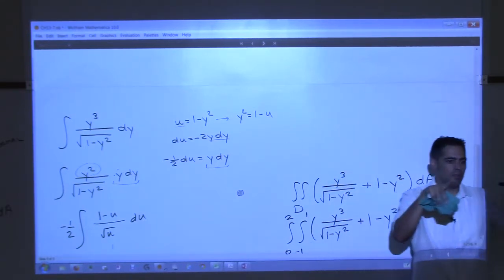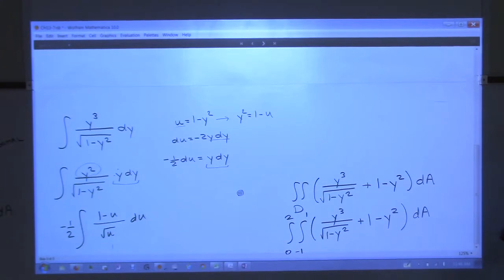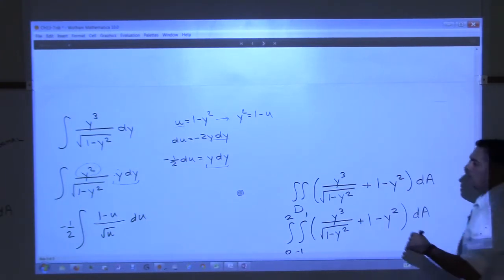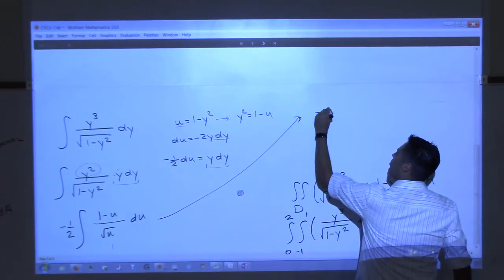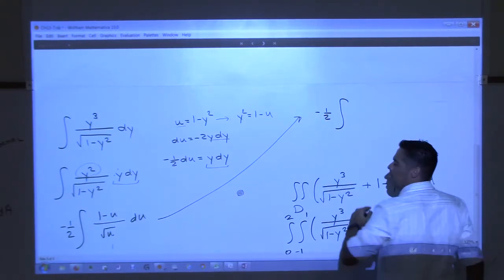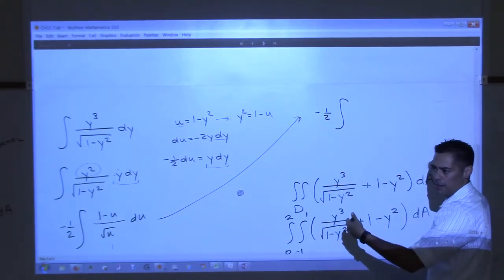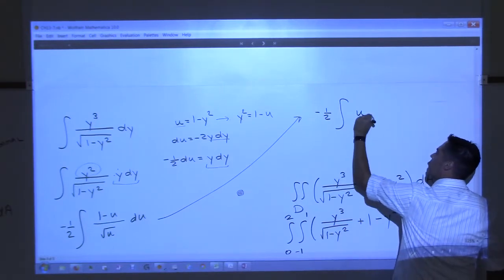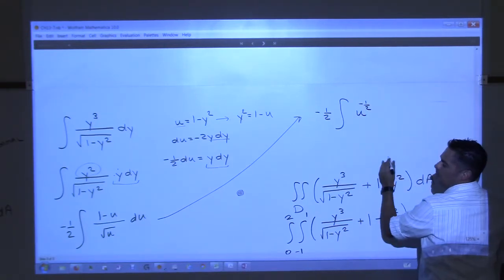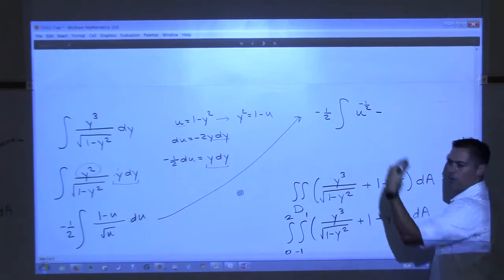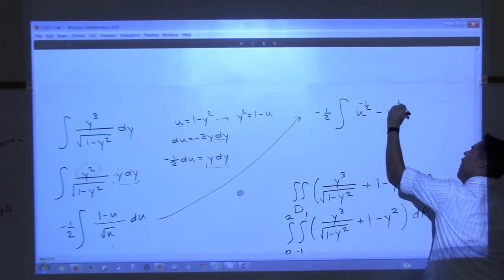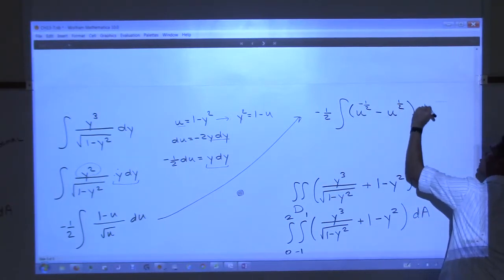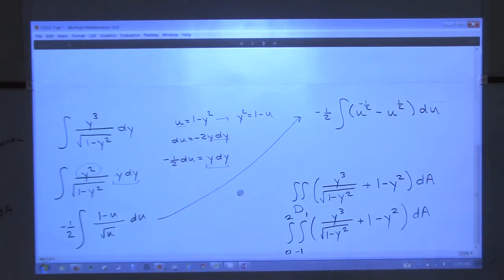You have two terms in numerator and one in the denominator, so just split it up into two different terms. So that would become negative 1/2 integral, and you would have 1 over root u, which would really be u to the negative 1/2. And then you'd have minus u over root u, which would really be u to the positive 1/2. And then we could just set these up for power rule now, couldn't we?